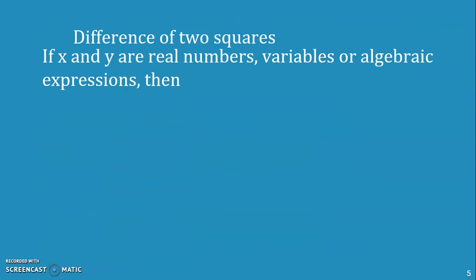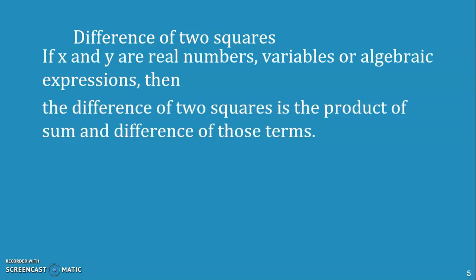Difference of two squares. If x and y are real numbers, variables, or algebraic expressions, then the difference of two squares is a product of the sum and difference of those terms.